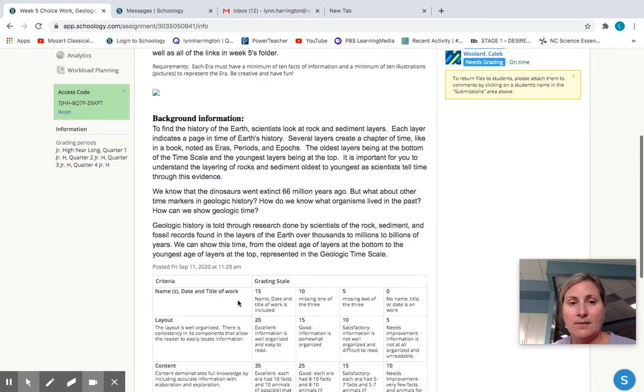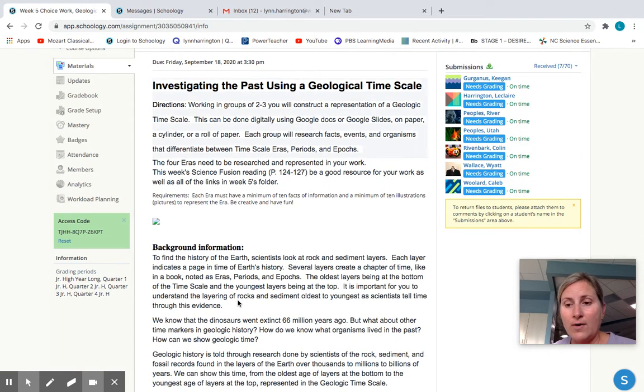If you work together, you always have to have everyone's name on the work that's submitted. You have to have a title of the work, a date posted for when you're submitting the work, and all the names of the people working on the work together, and everyone has to submit the work.